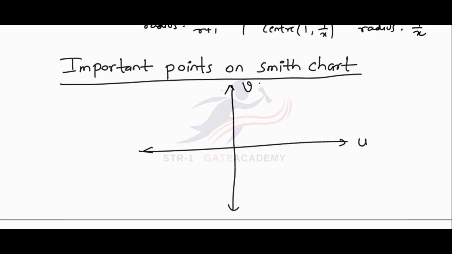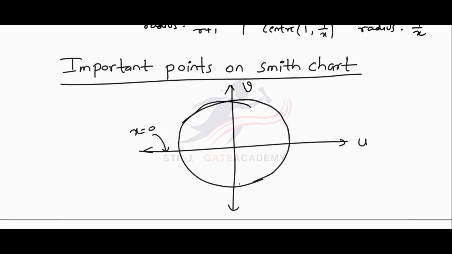This is the u axis, this is the v axis. This is the r0 circle, r equal to 0 circle. We know that this real axis is nothing but the x equal to 0 circle. Let me draw a bigger circle over here. Now, what does this point denote?